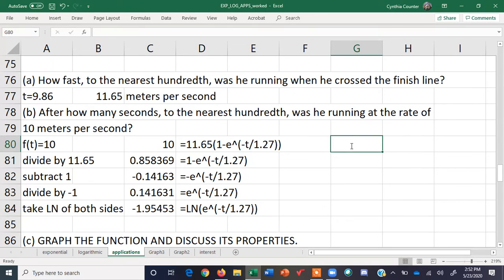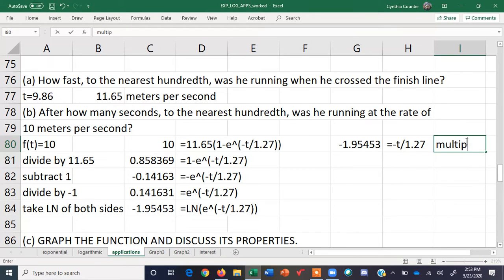So let's go over here. Equals this. I've just put that back. And then on the other side, I have equals. Natural log and e canceled out. So I have -t divided by 1.27. I want to get rid of the negative and the 1.27, so I'm going to multiply both sides by -1.27.